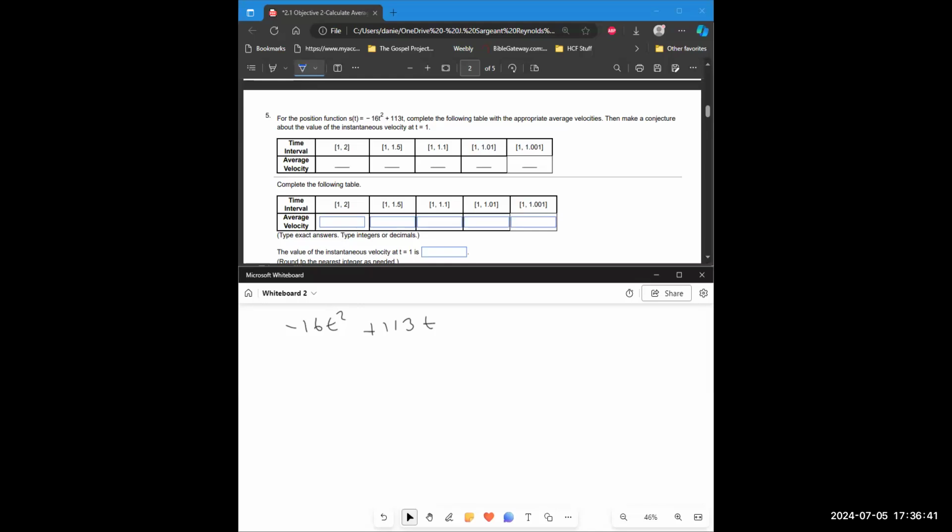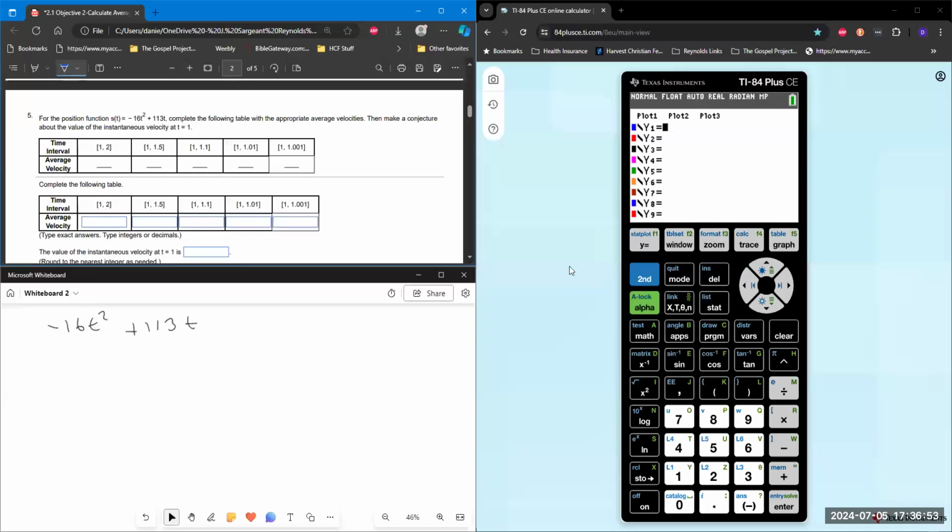I'll actually show you what I'm doing. There you go. So we're going to have negative 16t squared plus 113t.